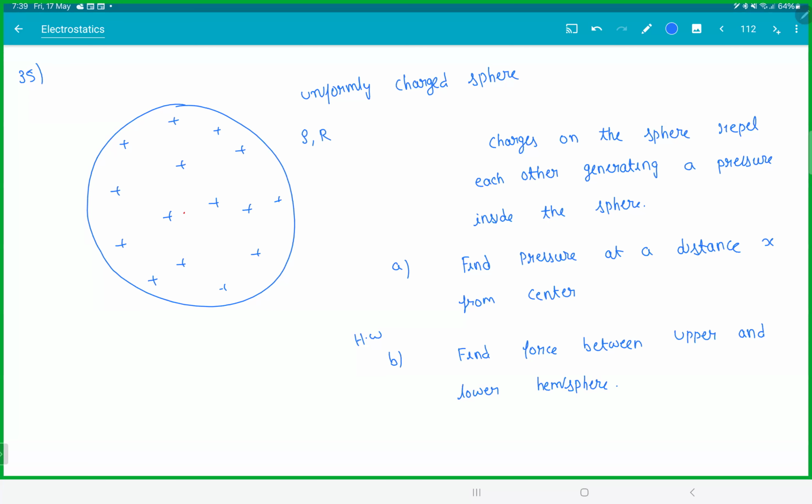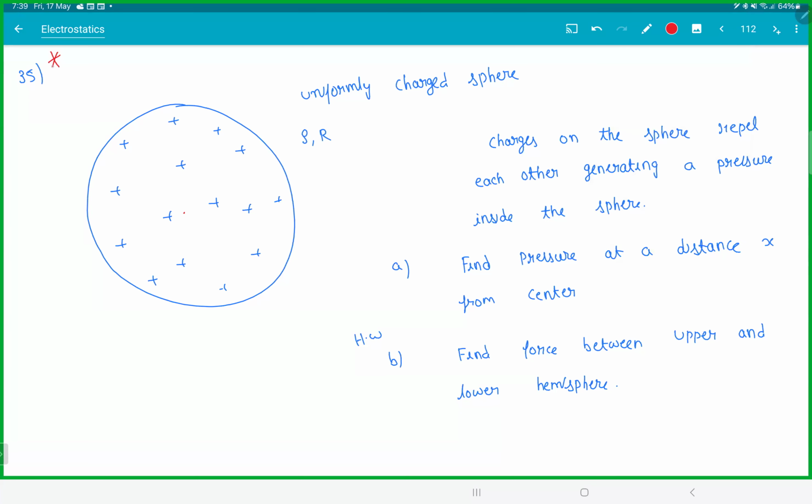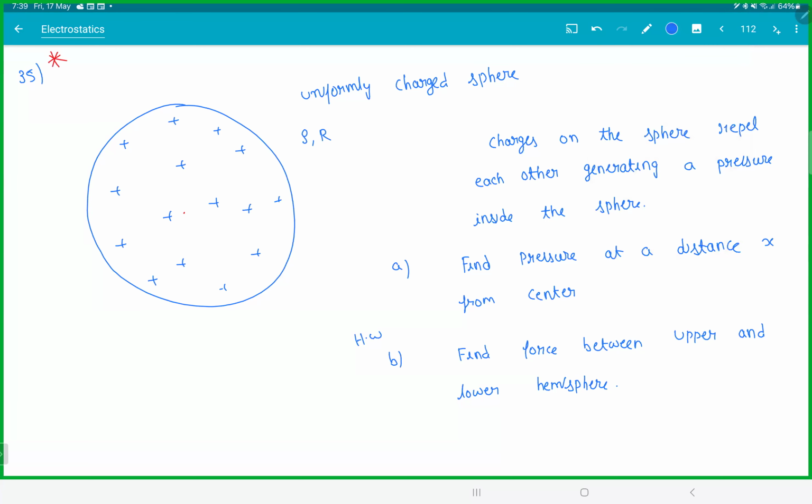This is a pretty good one, right? Same thing we can see again in gravitation also. Here rho is the volume charge density. Think how will you do this?